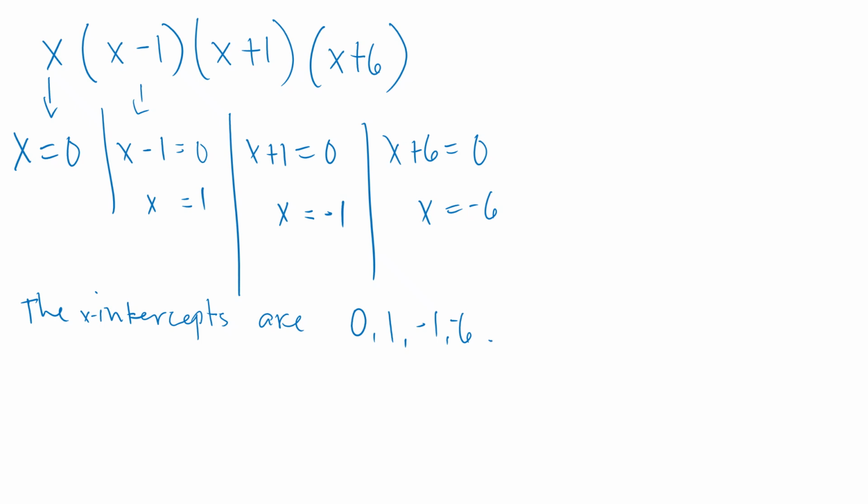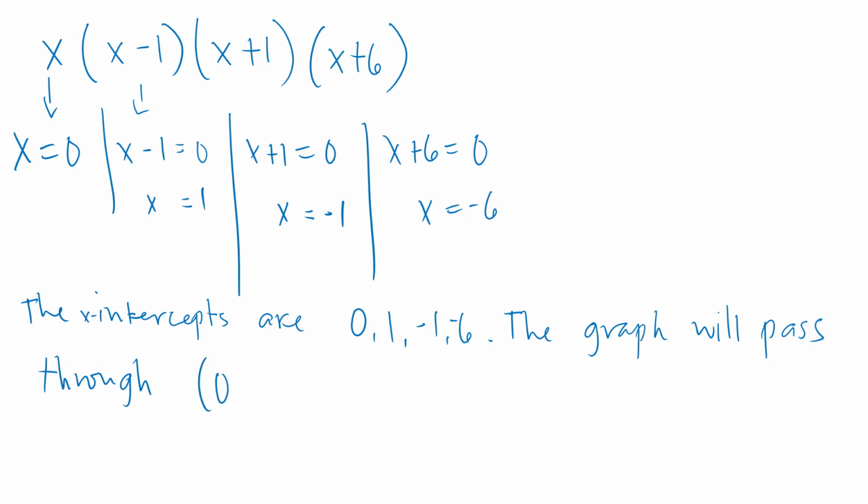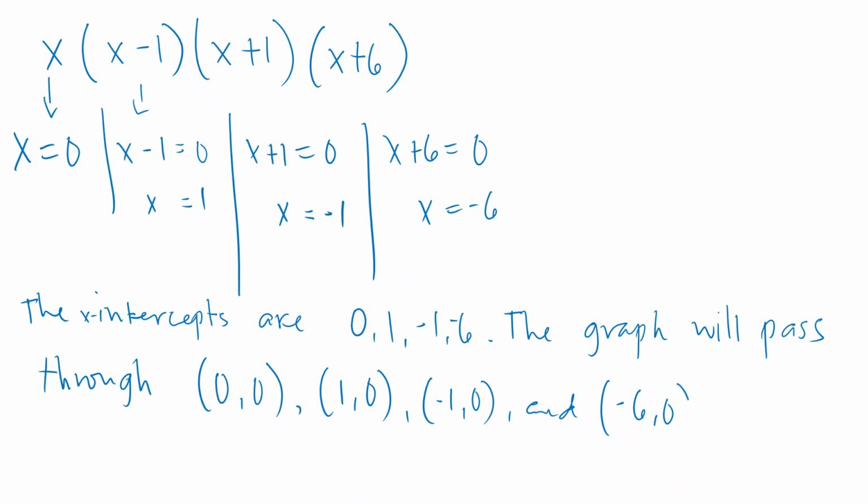This means that the graph will pass through 0, 0; 1, 0; negative 1, 0; and negative 6, 0.